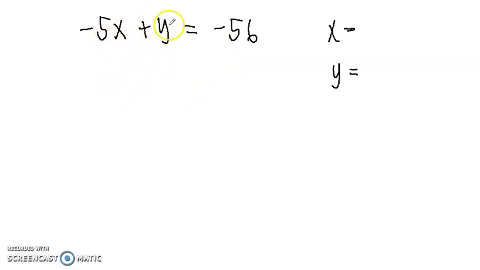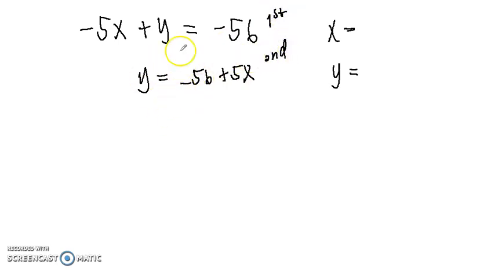So that we can find y in terms of x. We eliminate the negative 5x here. So we will have y is equal to negative 56 plus 5x. So this one is our first equation, and this one will be our second equation. Then use the second equation to substitute into the first equation. So negative 5x plus y equal to negative 56.